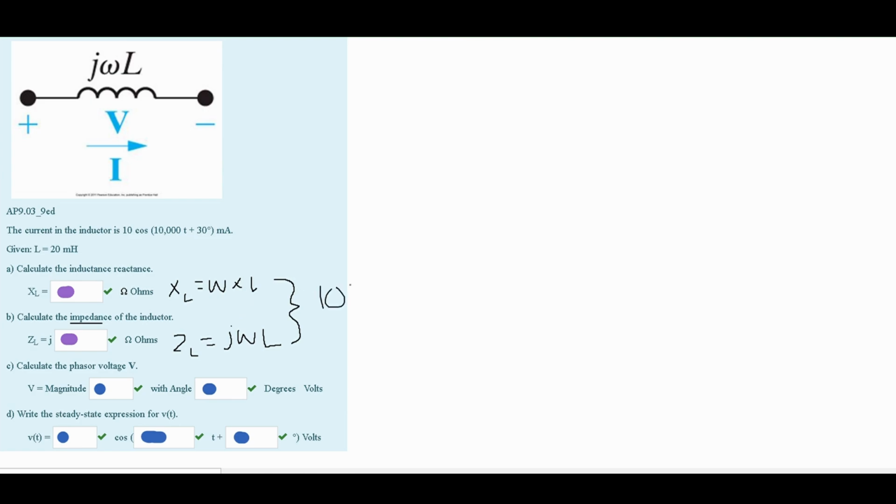We know that our omega is 10,000 and that our inductance is 20 with a milli, and a milli is 10 to the negative 3. This will give us 200 for our X of L and a j200 for our Z of L. But our j is already written in our Z of L outside, so we're not going to put that in the answer. It's just important to know that it accompanies it when we find impedance.